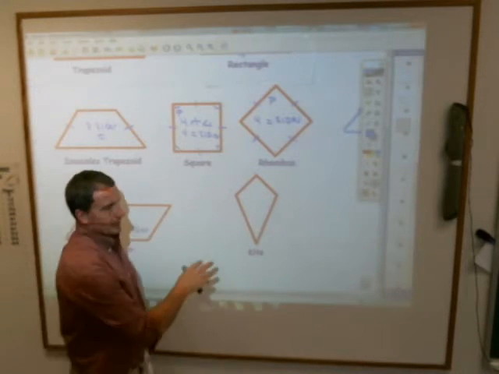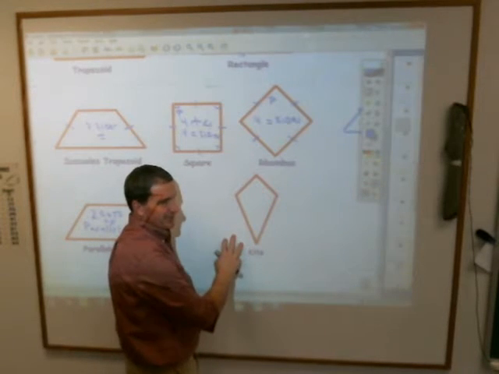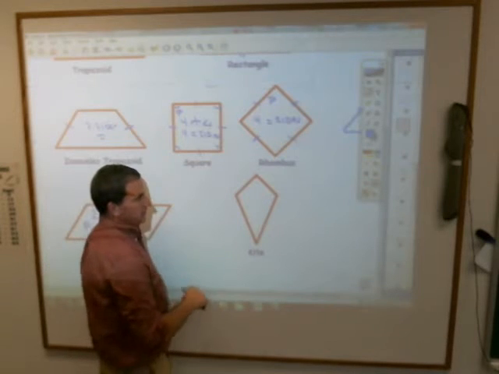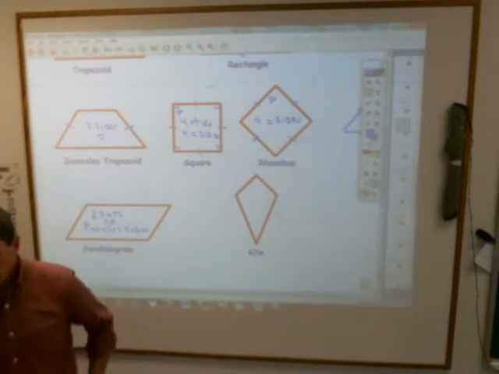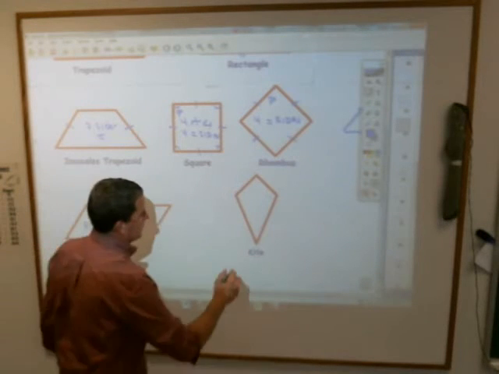What is the definition of a kite? What makes something a kite as opposed to just a normal quadrilateral? I don't know if the book actually says this in there. A kite has two pairs of adjacent sides of equal length.